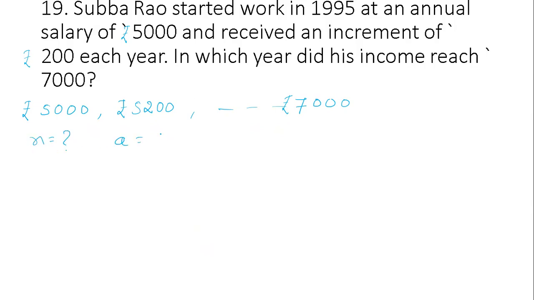A is equal to 5,000 and D is equal to 5,200 minus 5,000, taken in 2 consecutive terms. Here this is 200, in rupees. This is also in rupees.